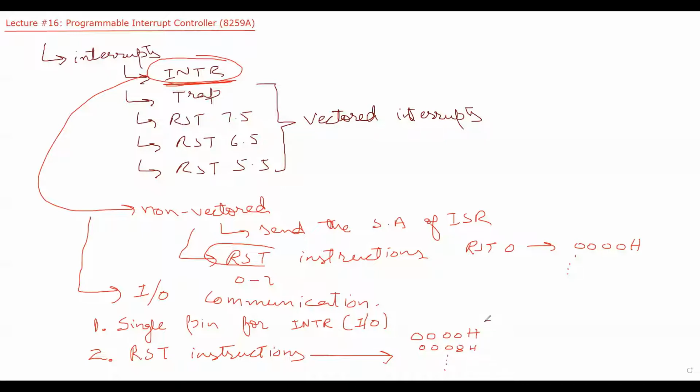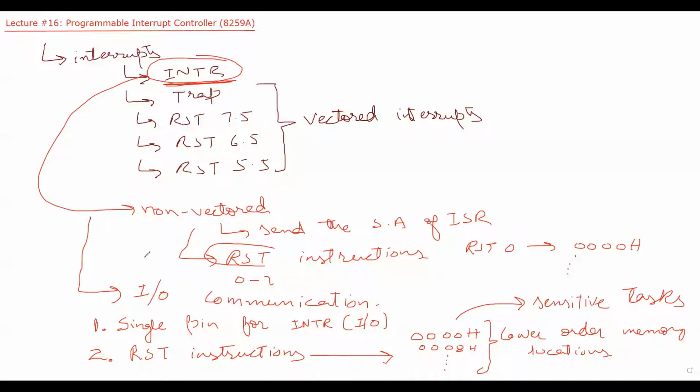You can see that these are lower order memory locations, and these locations are mostly used for sensitive tasks. Let's say I want an interrupt so that I can perform some general task. Those general instructions should not be provided in these memory locations, because they are mostly used for sensitive tasks.